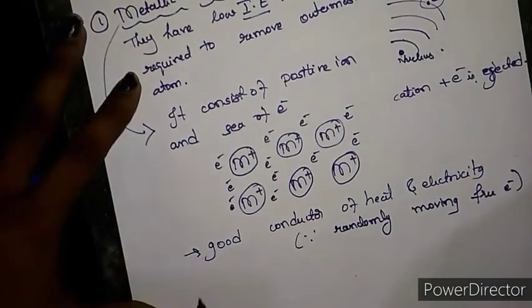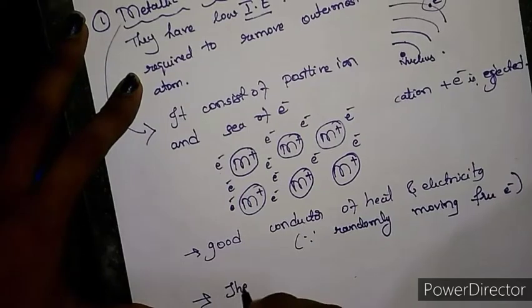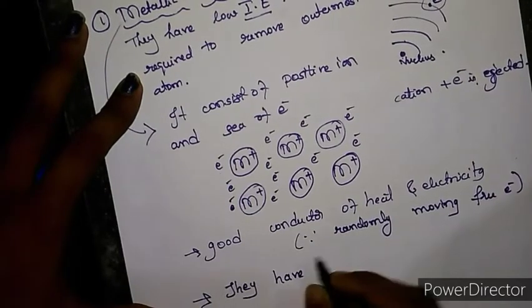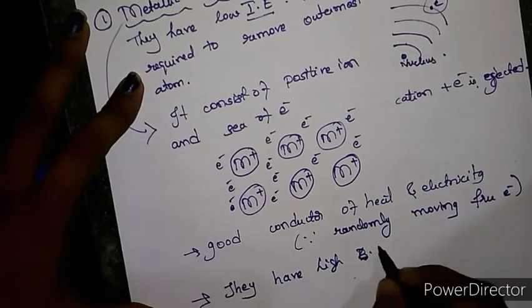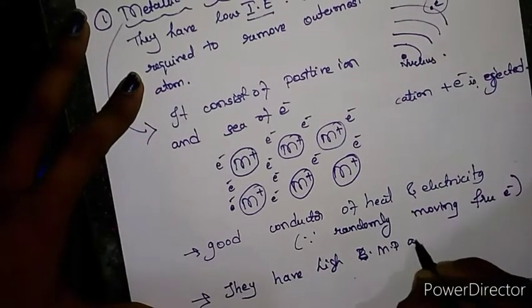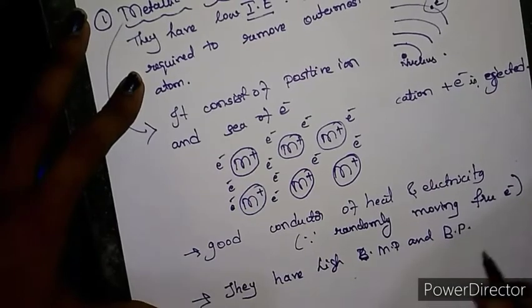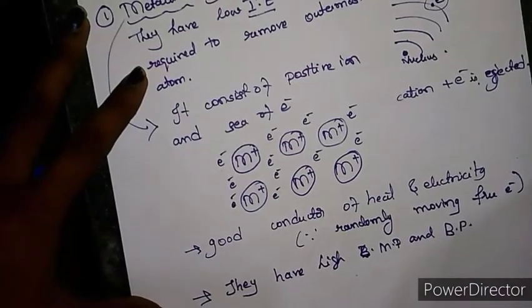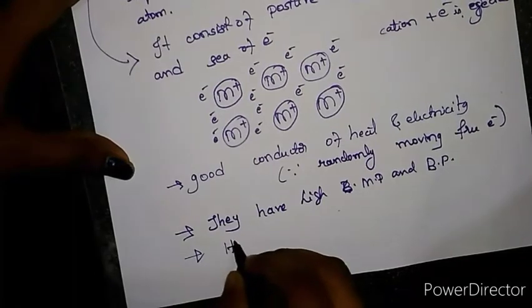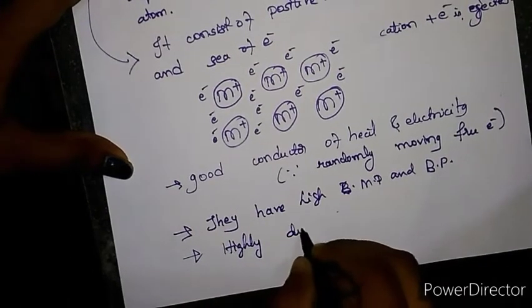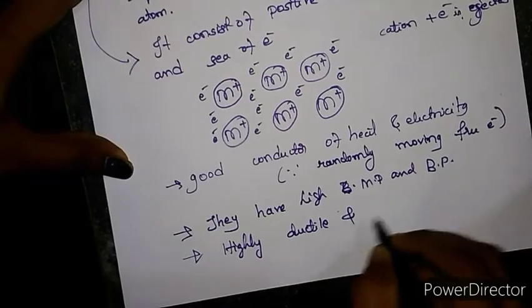And they have high melting point and boiling point. These metallic solids are also highly ductile and malleable in nature.